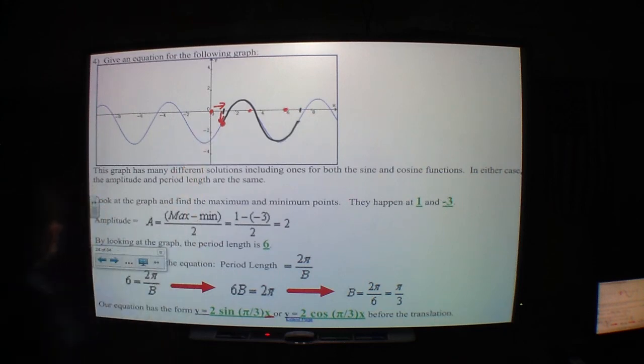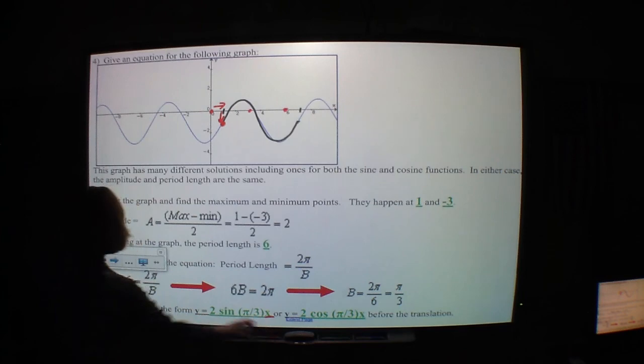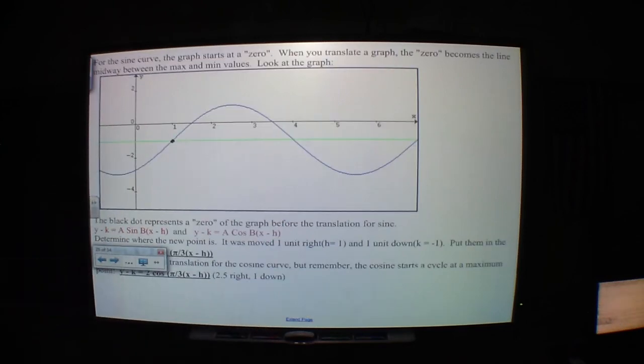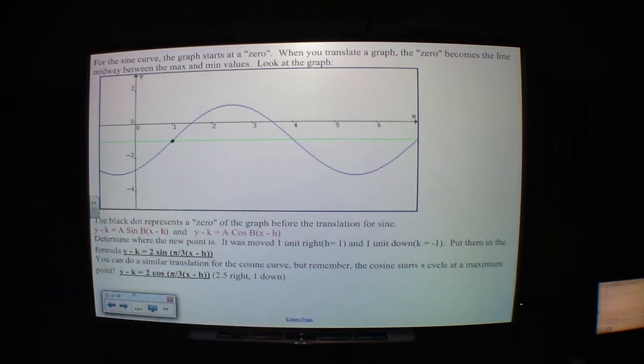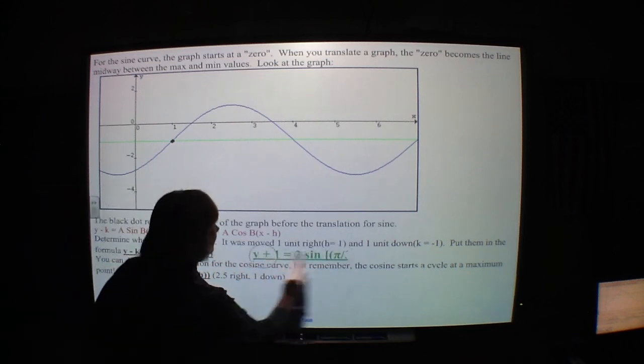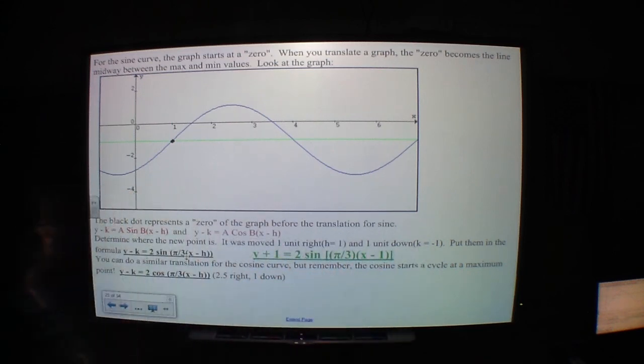And I'm going 1 unit down. So here with the y, I'd have a y plus 1. So you could do that. And that's what I wrote somewhere here. Right, minus 1, down, plus 1.